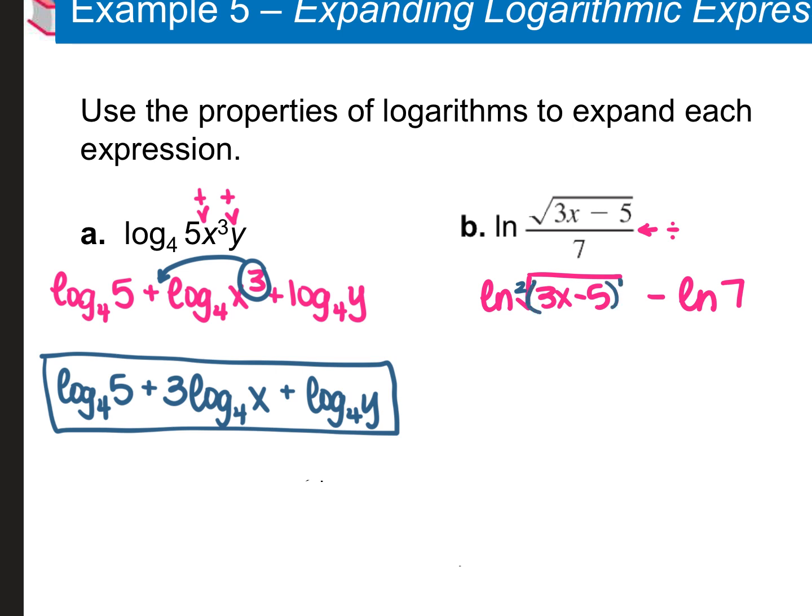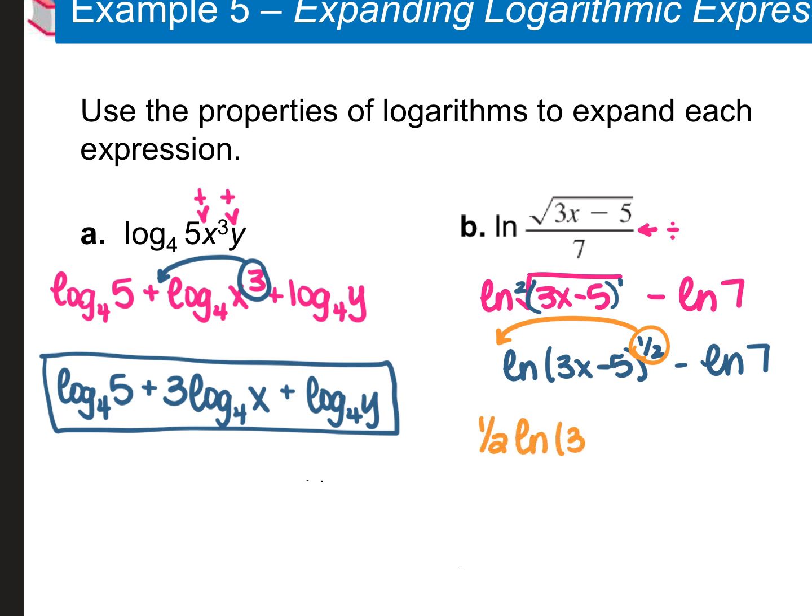So we can rewrite this as the natural log of 3x minus 5 to the power of 1/2 minus the natural log of 7. Once again, your power has to move to the front of that natural log. So that's going to give you 1/2 times the natural log of 3x minus 5 minus the natural log of 7.